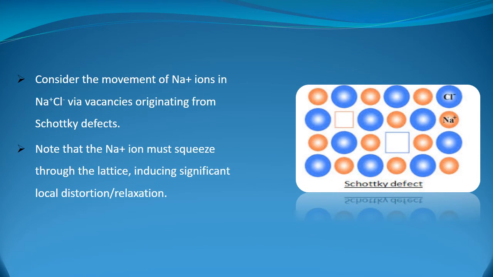Here we can see the picture of a Schottky defect. As we know, the ions Na+ and Cl- get displaced from their original sites, creating a defect. This defect is called a Schottky defect. For example, if an Na+ ion moves through the lattice point, there is a significant distortion, or we can call it a relaxation, in the crystal.